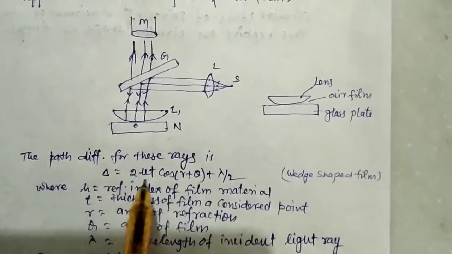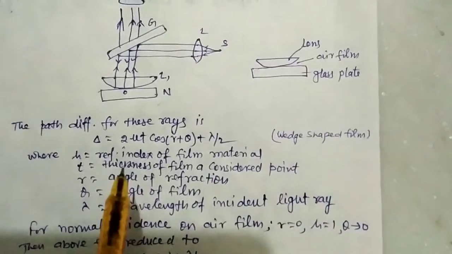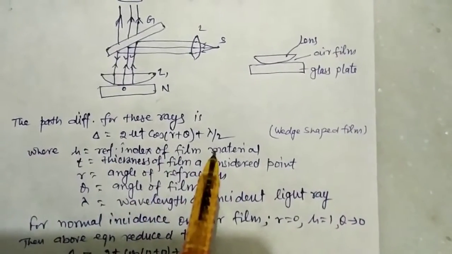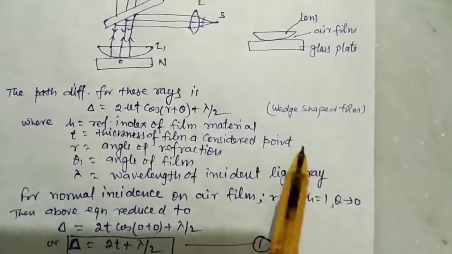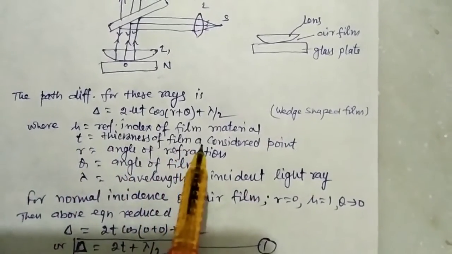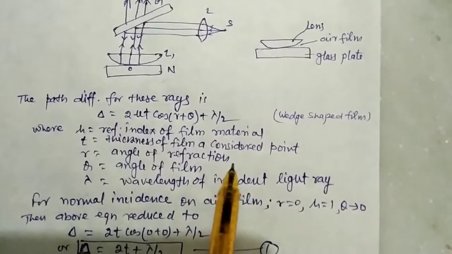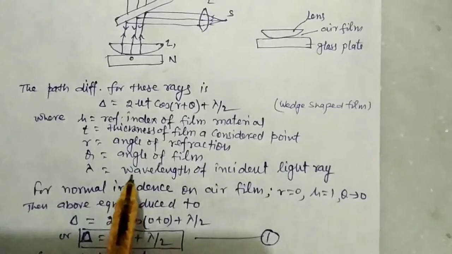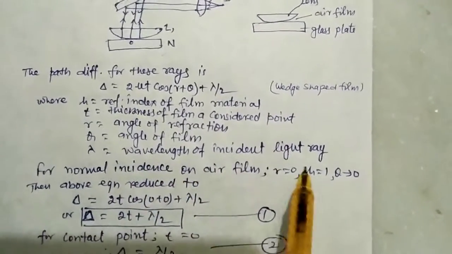The path difference for these rays is given by this expression: delta is equal to 2 mu t cos (r plus theta) plus lambda by 2. This is the path difference derived for wedge-shaped films, as in the last topic, where mu is the refractive index of the film material, t is the thickness of the film at a considered point, r is the angle of refraction, theta is the angle of the film, and lambda is the wavelength of the incident light ray.